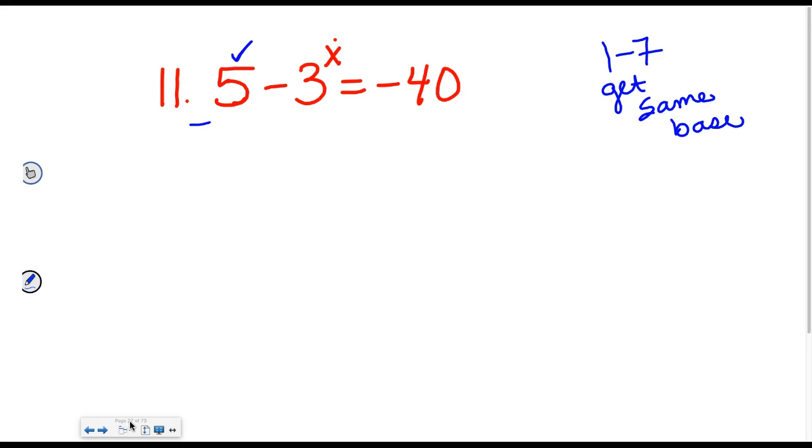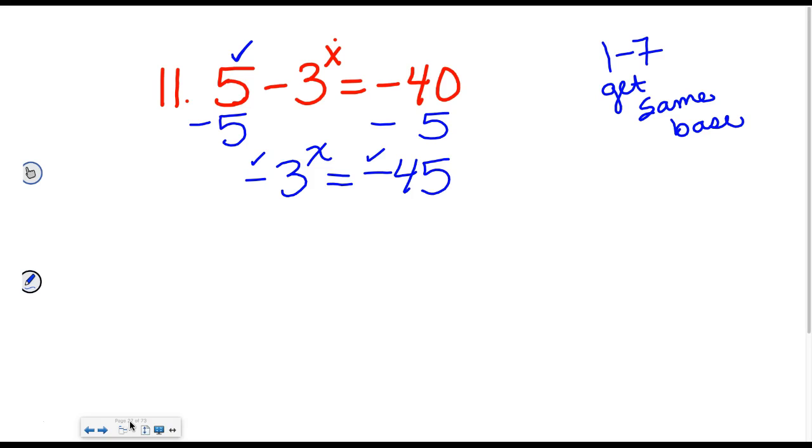It's a positive 5, so you'll subtract it from both sides. And you'll get a negative 3, or the opposite of 3 to the x would be negative 40 minus 5, which is negative 45. Right here, I divide both sides by negative 1 to get rid of the negative. It'll get rid of it on both sides. So we'll do 3 to the x power is equal to 45.